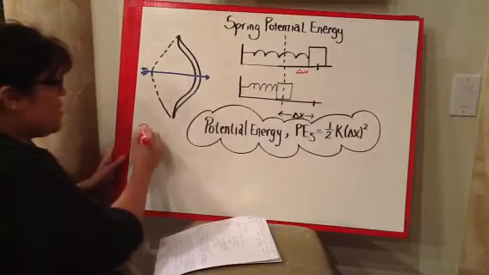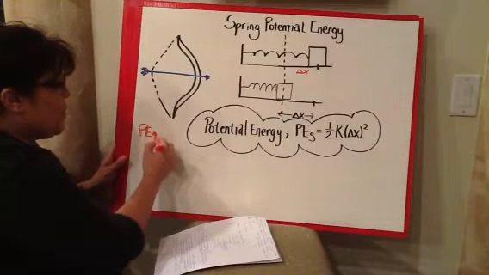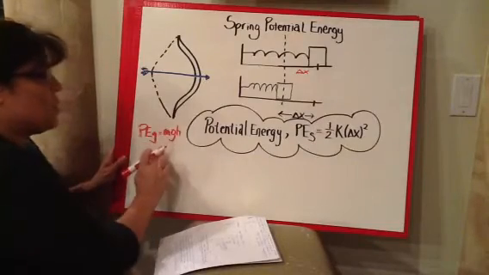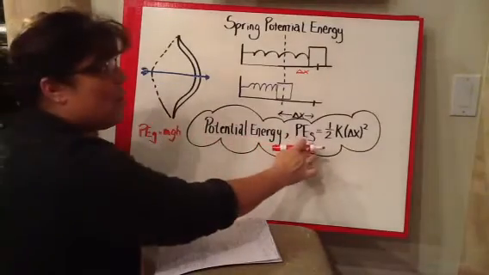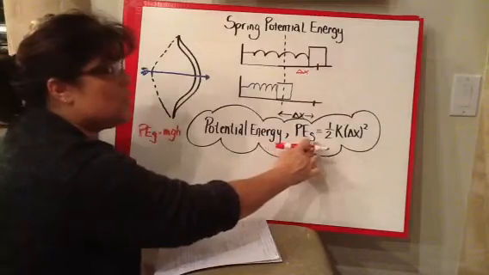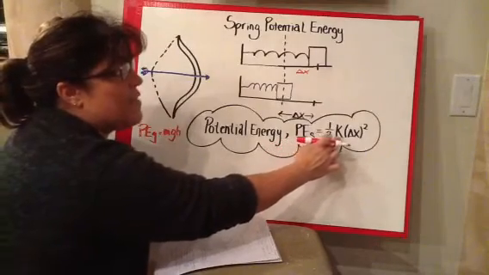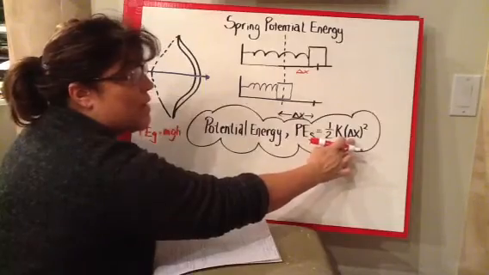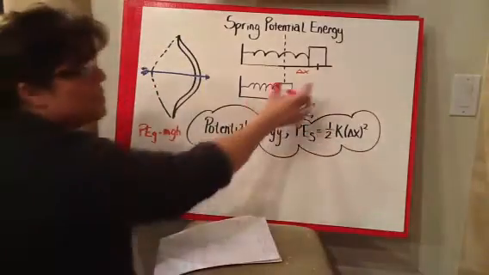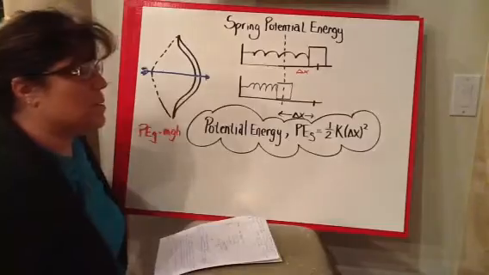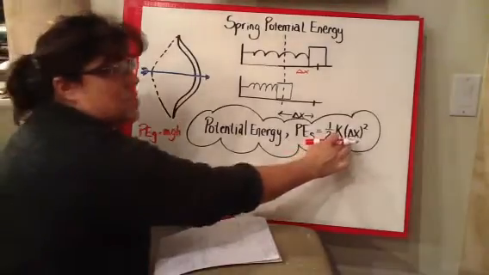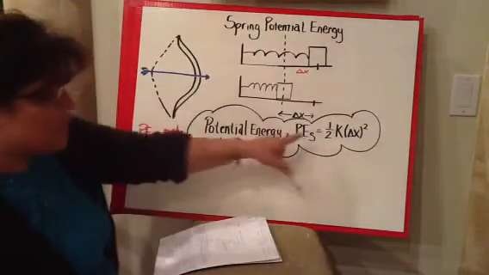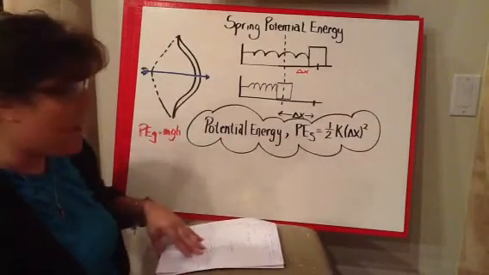Remember that PE gravitational was mgh, and we learned this when we talked about energy. Now, our potential energy based on the spring is equal to 1/2 K, our spring constant, delta X squared. That delta X is the amount that it's been displaced from equilibrium position. And as you can see here, it's squared, so that negative value won't show up. And so potential energy is always going to be a positive value.